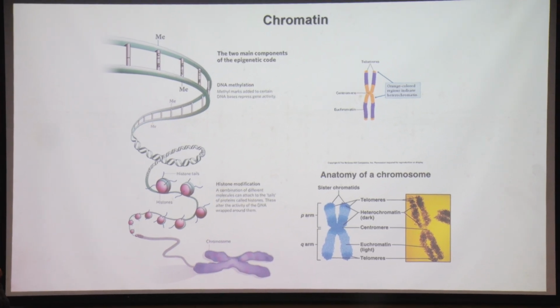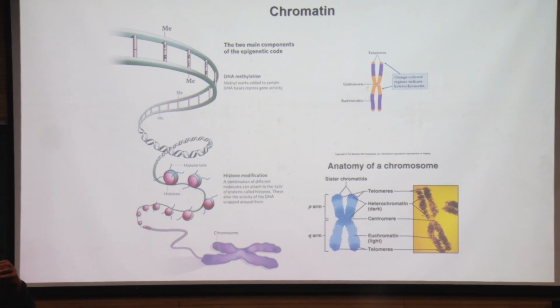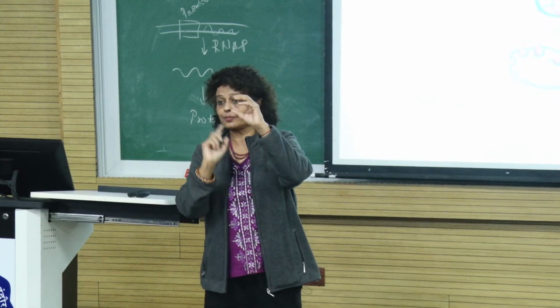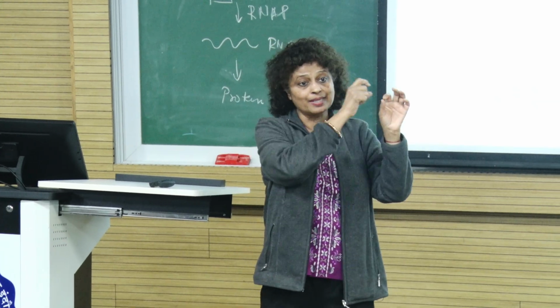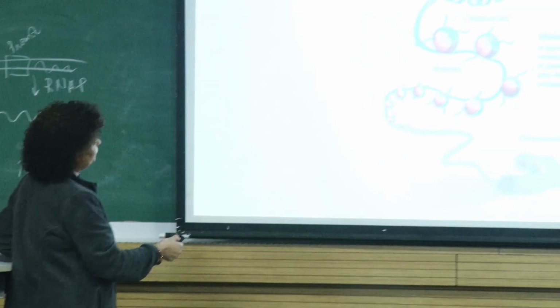DNA is negatively charged because of the phosphodiester linkage, and these proteins have lysine and arginine, so they are positively charged. This is an octamer of histone protein, and DNA wraps around it. It's like you are wearing something with beads on it, so it looks like beads there.